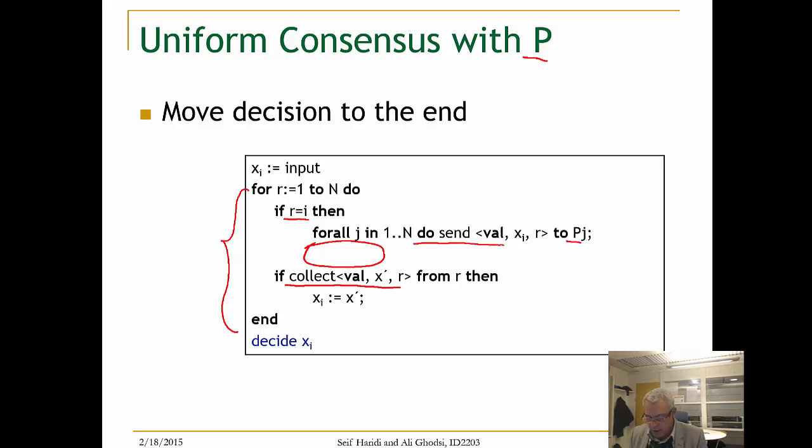The collect operation waits for the value at round R, where the value is the proposed value and the round number. And then you update your value. So if we just move the decide to the end of the execution, we actually get a uniform consensus algorithm with a perfect failure detector.